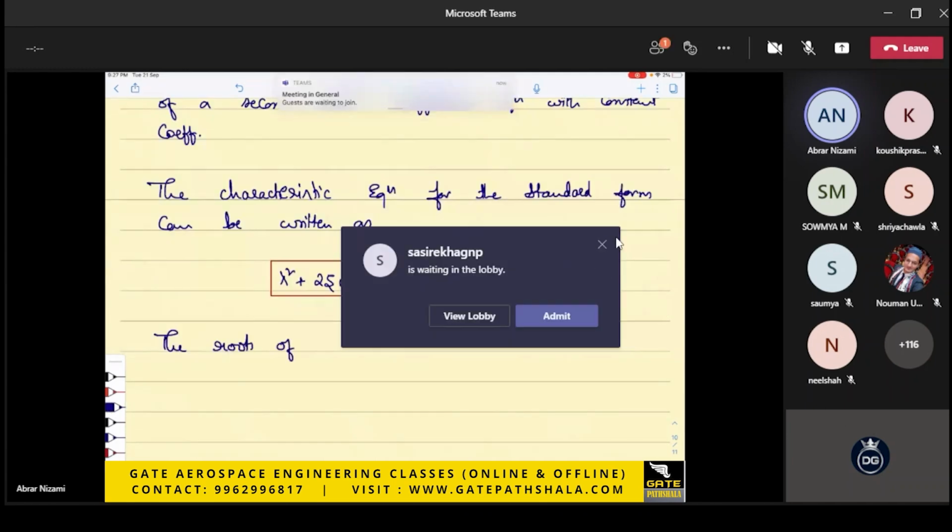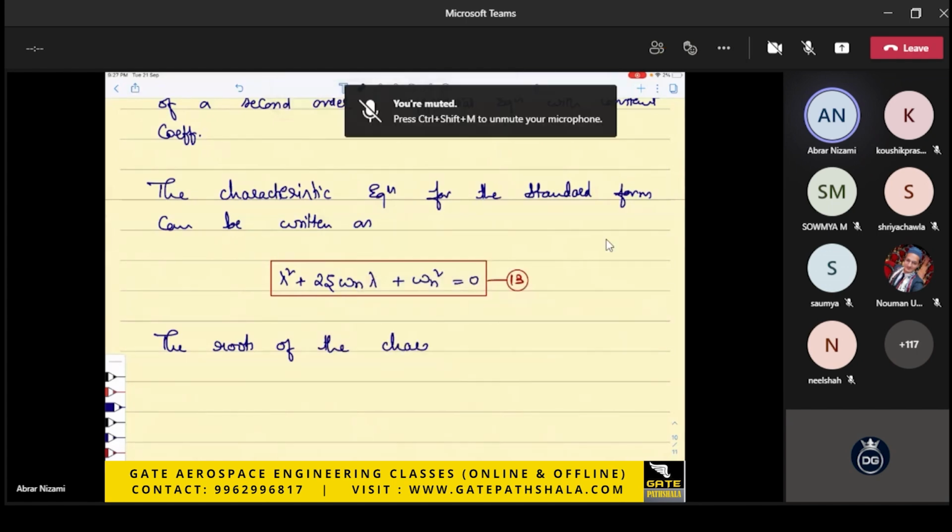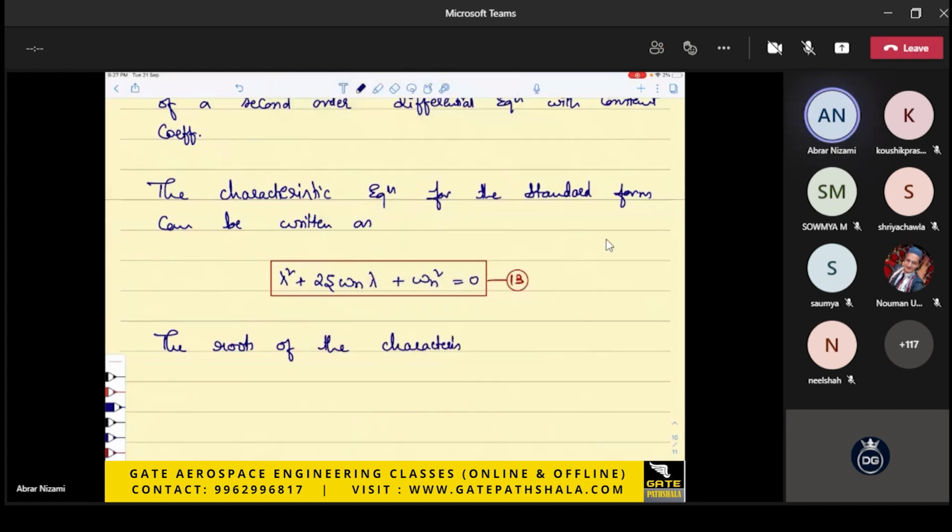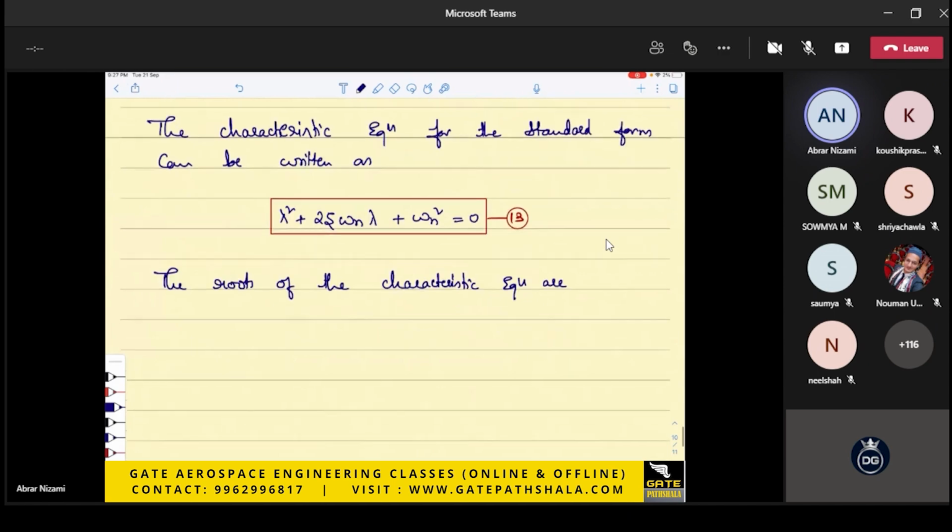The roots of the characteristic equation are, if this is the characteristic equation, what will be the roots?